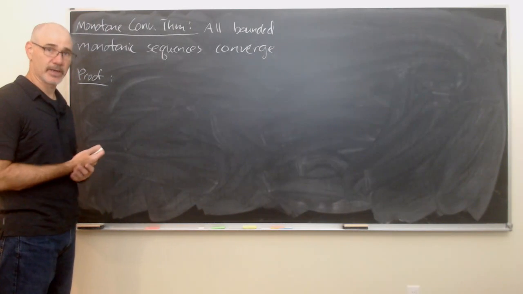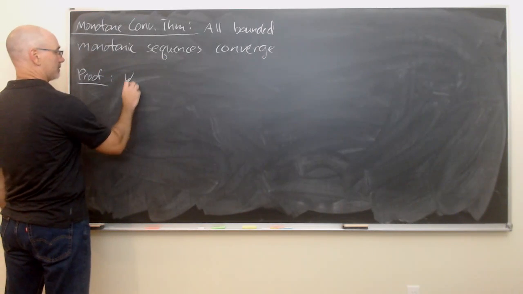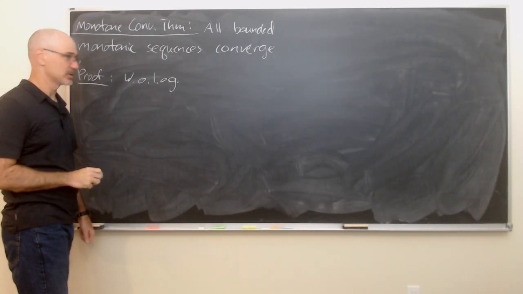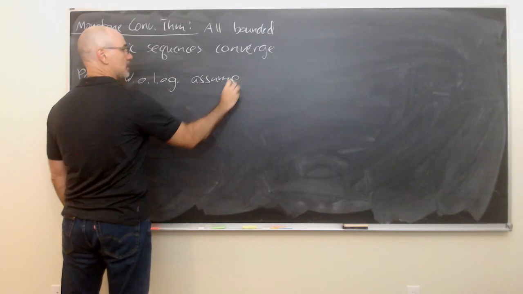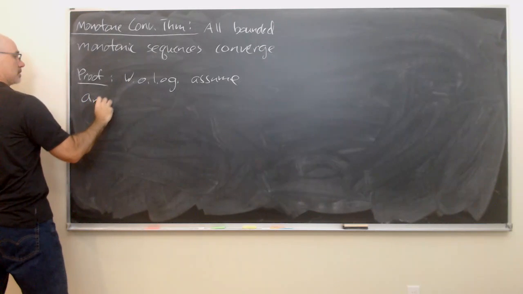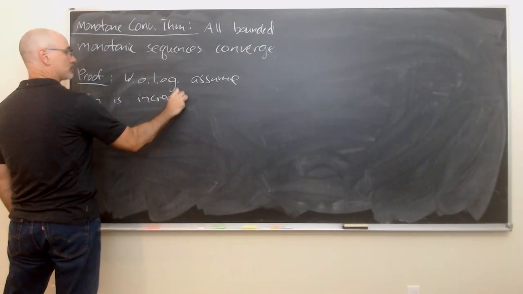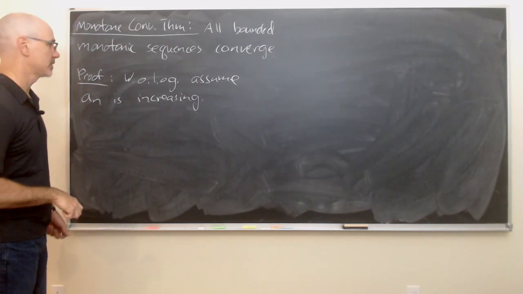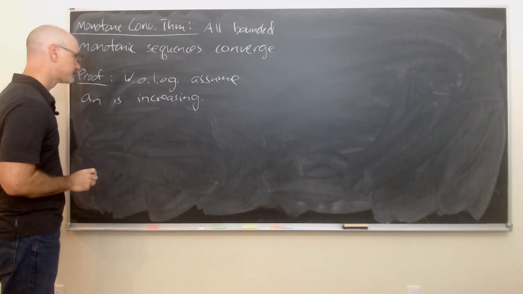Without loss of generality, we can pick one. I don't know if you've seen this abbreviation, WLOG. Without loss of generality, we're going to assume that a sub n is increasing. The proof would look very much the same if we assumed it was decreasing. So we'll just assume that a sub n is increasing.